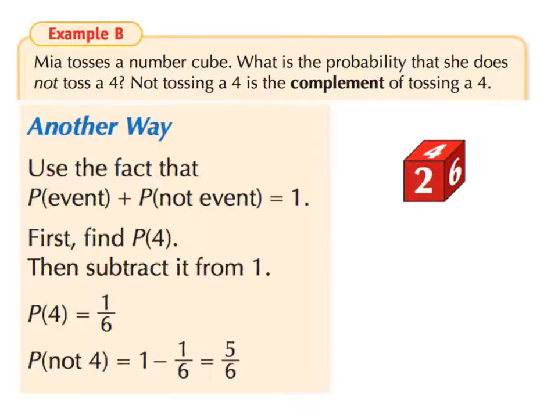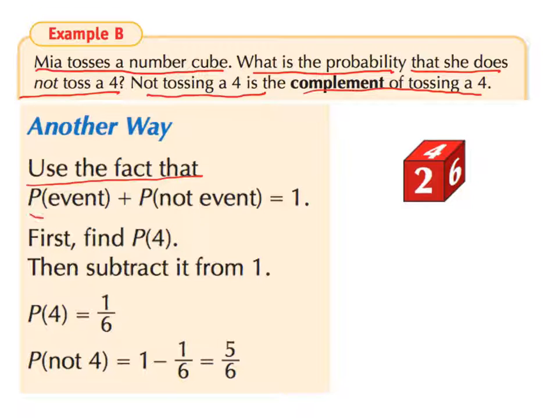Let's look at the same problem in another way. Mia tosses a number cube. What is the probability that she does not toss a 4? Not tossing a 4 is the complement of tossing a 4. So let us find the probability of a 4 coming up. Use the fact that probability of an event plus probability of not the event is always 1.